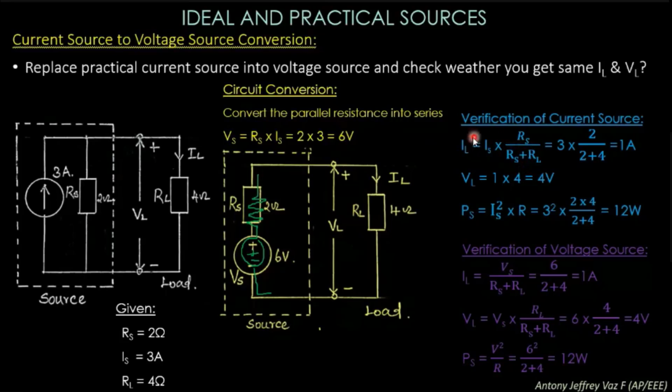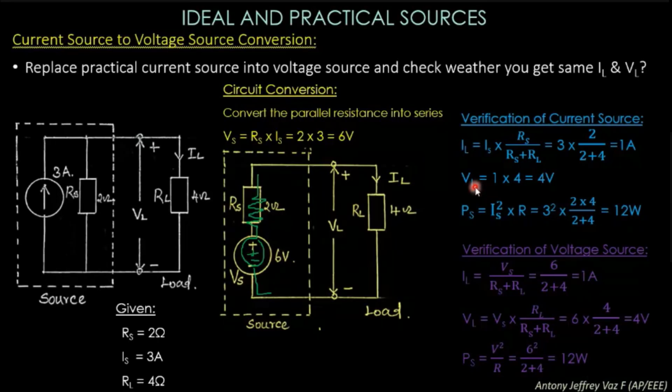This is the formula to find the current across the load, or the current which is flowing through the load. So we know the values. Source current is 3 amperes, source resistance is 2 ohm, and similarly load resistance is 4 ohms. So we can directly substitute all the values and we can find the load current is 1 ampere.